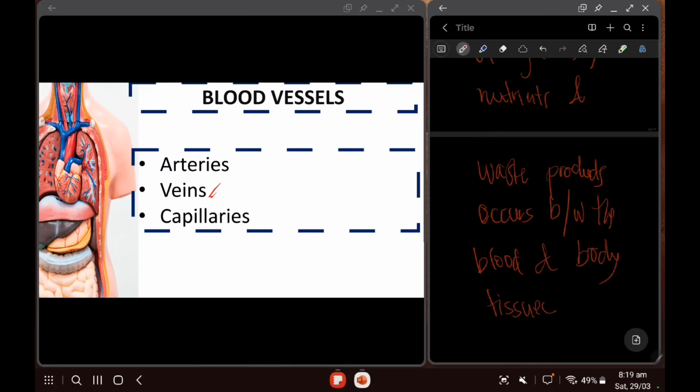So, since nga manipis lang po sila, tiny blood vessel, meron lang po sila na thin walls, which is yung thin walls na yon is nag-aalaw para magkaroon ng efficient diffusion.